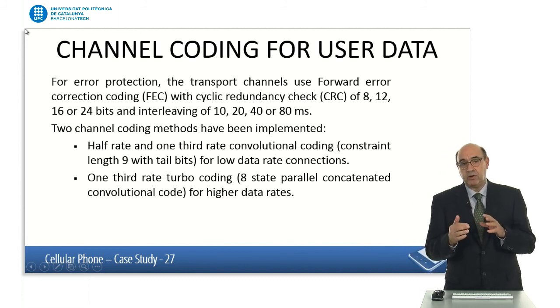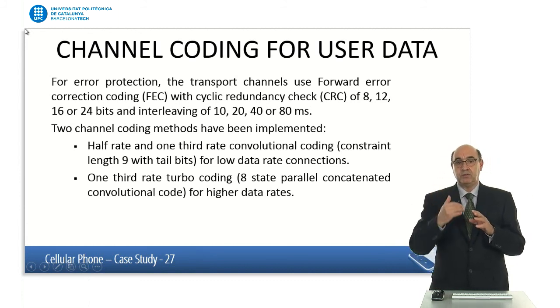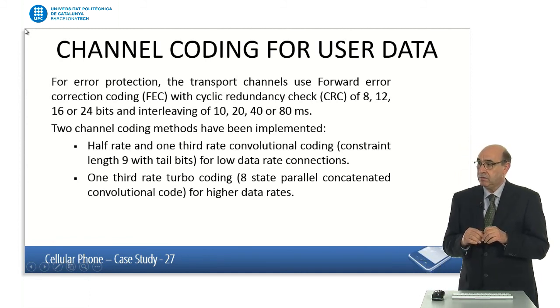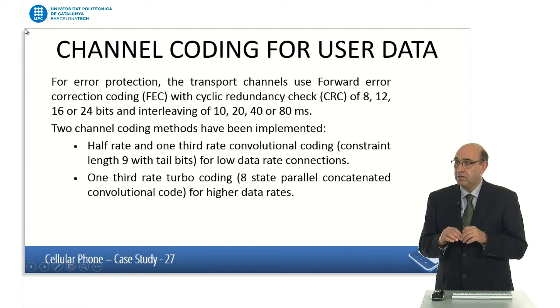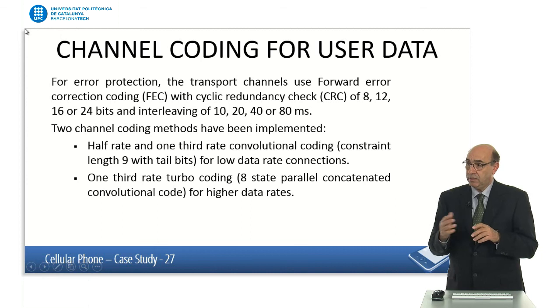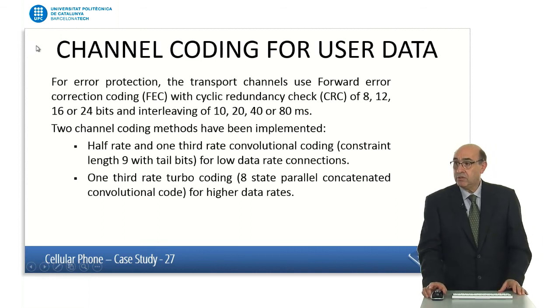In general, you require this when it's not easy or you cannot resend the data. And those phones do this also by adding redundancy checks, adding bits, and also interleaving.